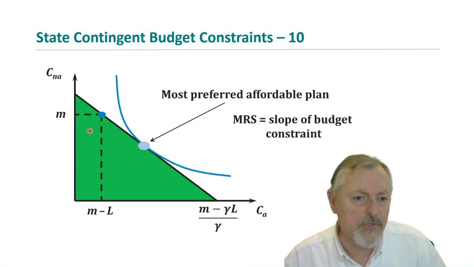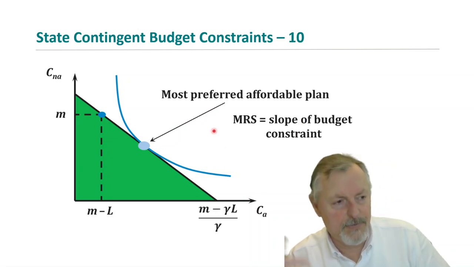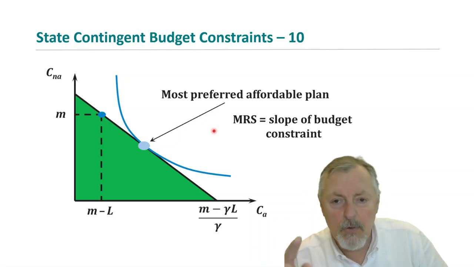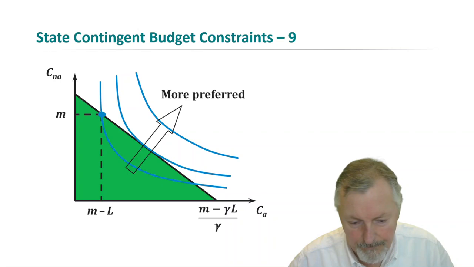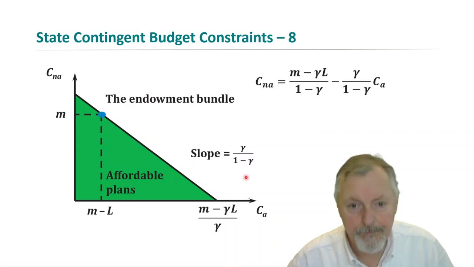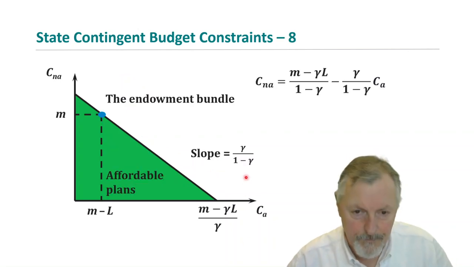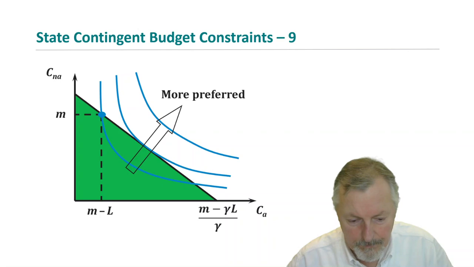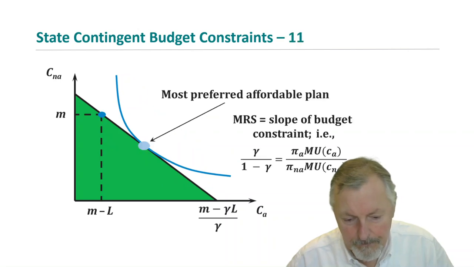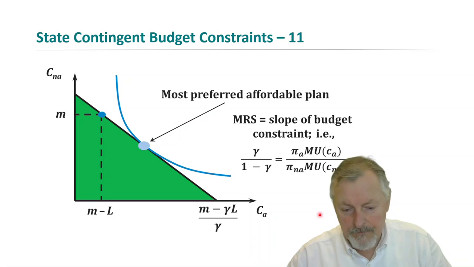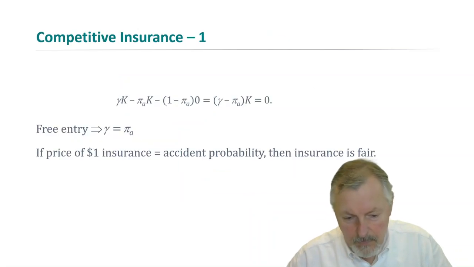The slope of the budget constraint, if it's an insurance premium, 1 minus, it's this thing. And you have the budget constraint.